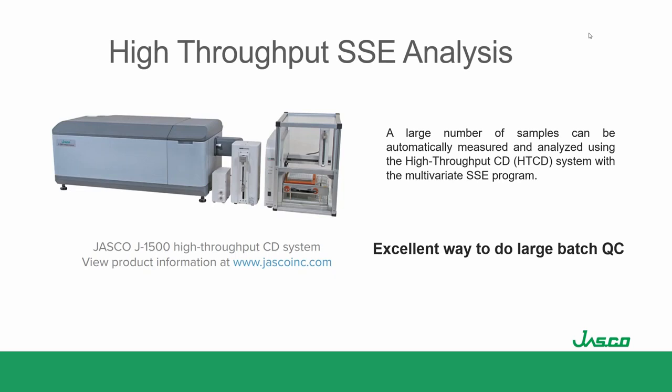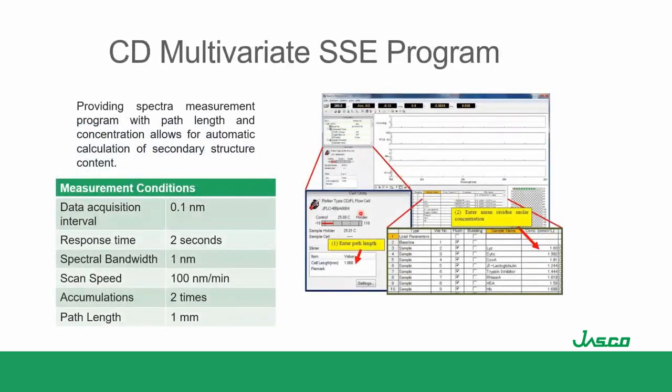Not only is the sample measurement automated here, we're also going to automate the analysis. So we're not going to have to go through and do a lot of number crunching before we can get our secondary structure estimations. The way this is going to work is that in our CD estimation software, or the high throughput systems, we can supply a path length. In this case, we're going to be using a 1 millimeter path length.